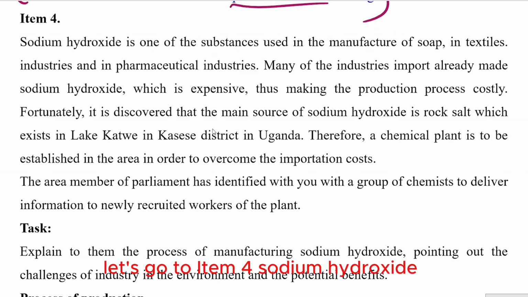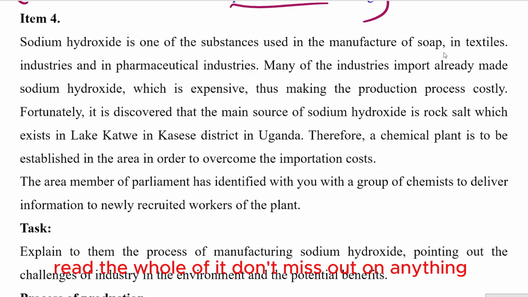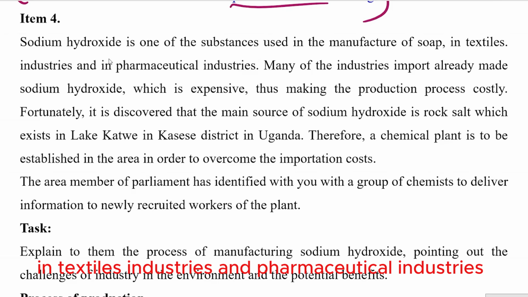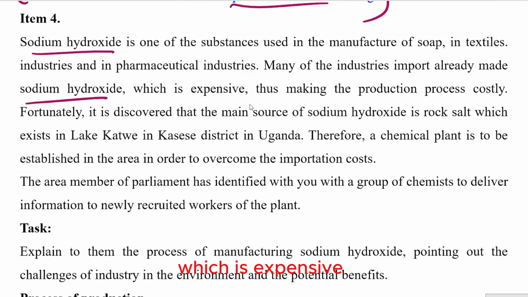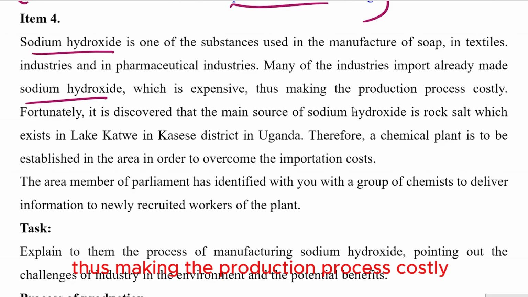Let's go to item 4. Sodium hydroxide is one of the substances used in the manufacture of soap. When you are reading every scenario, read the whole of it. Don't miss out on anything. In textile industries and pharmaceutical industries, many of the industries import already made sodium hydroxide, so we underline those keywords, which is expensive, thus making the production process costly.